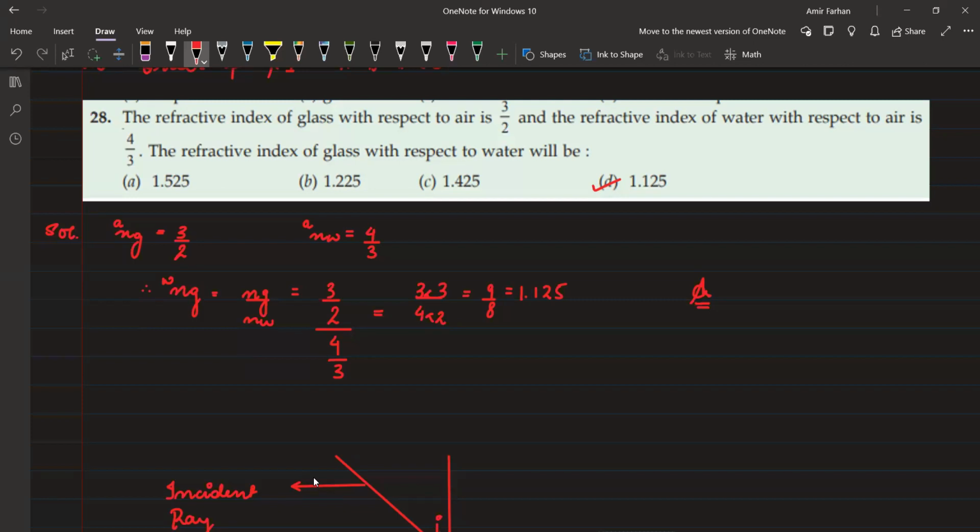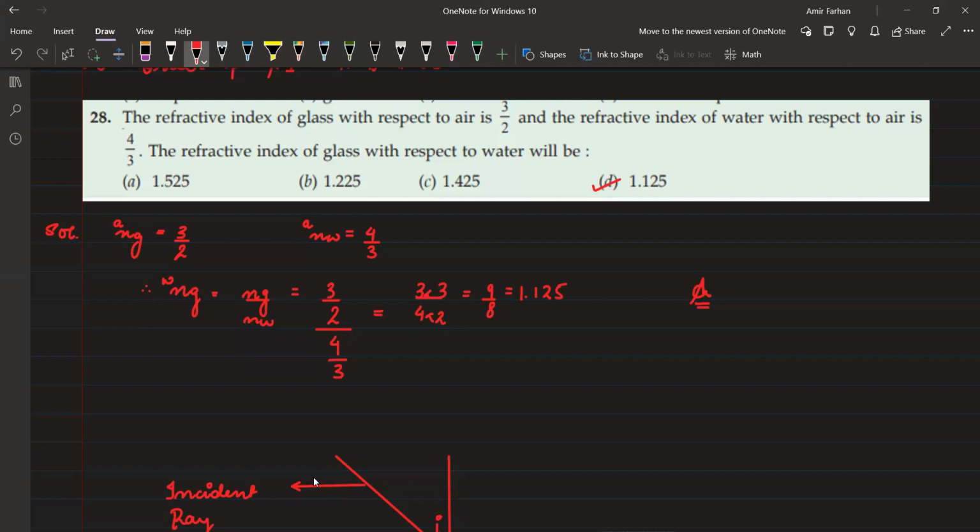In the next class, inshallah, we will complete the image formation, and only two topics will be left: lens formula and power of a lens. So in the coming two classes, all the theory portion of this chapter will be done. Clear? Yes. In the next class, I will cover image formation and try to cover the lens formula as well.